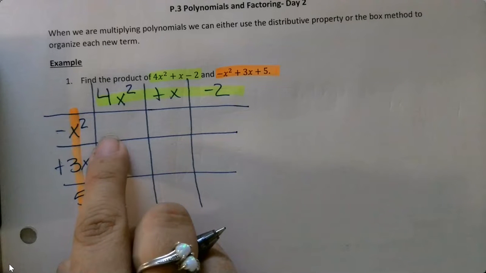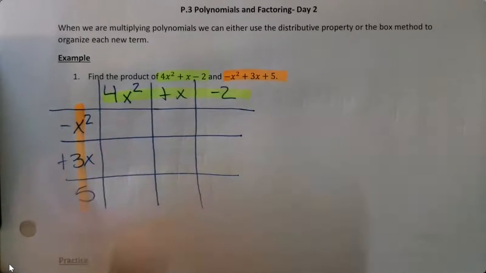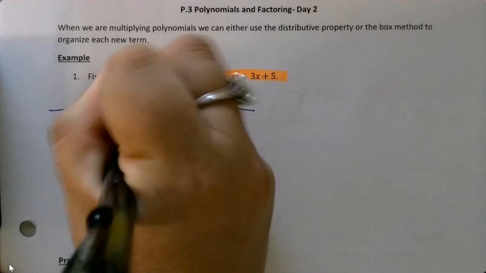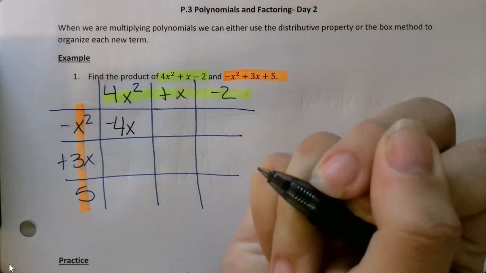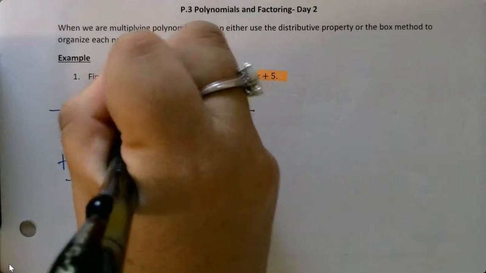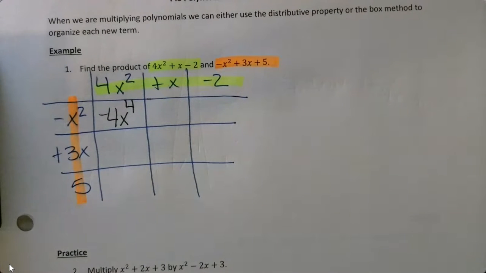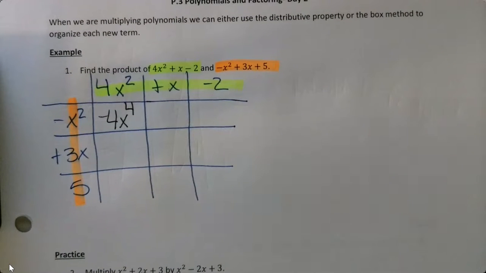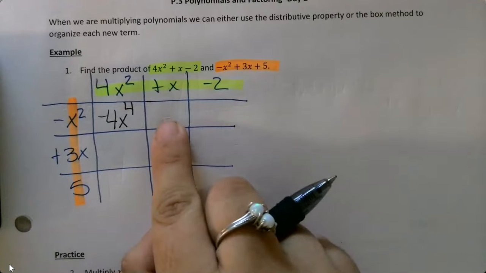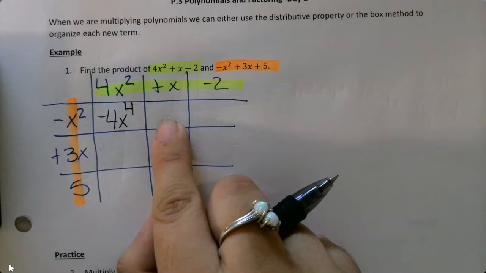So what's negative x squared times 4x squared? Negative 4x to the fourth. Because remember, I'm multiplying two of the same base, so I add the exponents here. In this next square, I'm multiplying negative x squared and x.